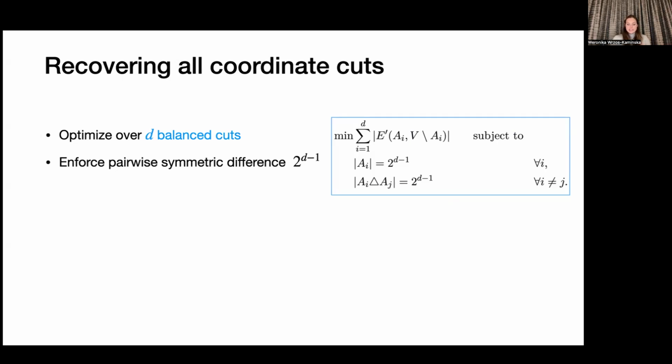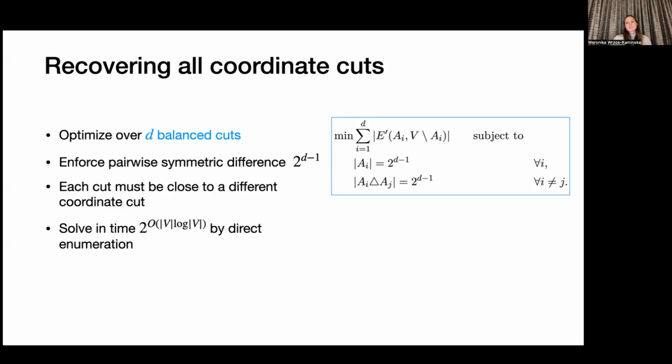This ensures that the d cuts that we pick are very different from each other. Now we know that in the optimal solution, each of the d cuts has to be small, so it has to be close to a coordinate cut. And because our d cuts are very different from each other, each of them has to be close to a different coordinate cut. That way we recover all of the d coordinate cuts.